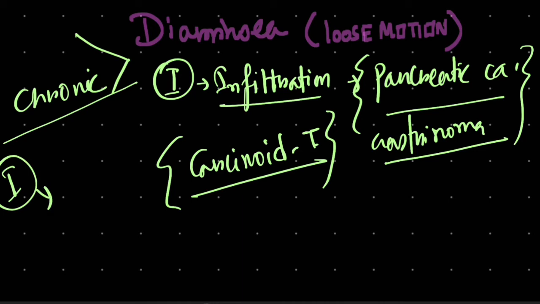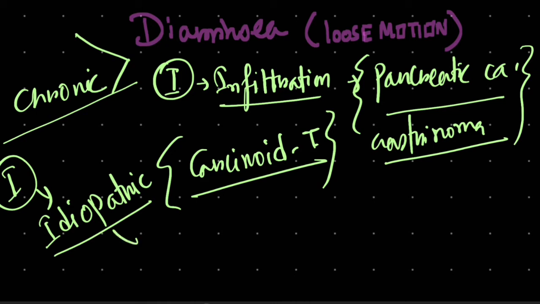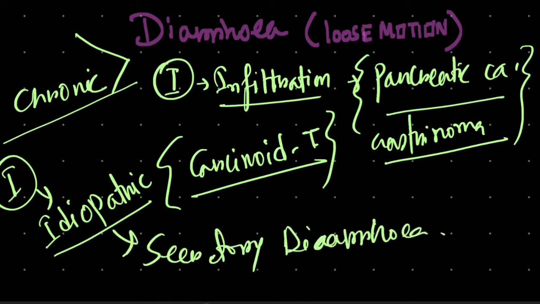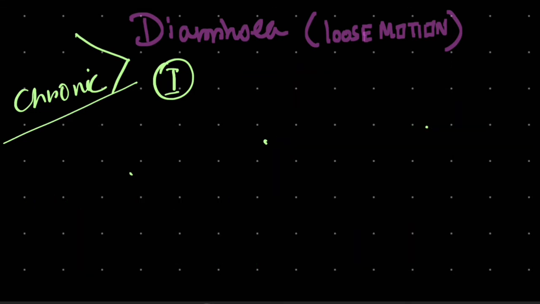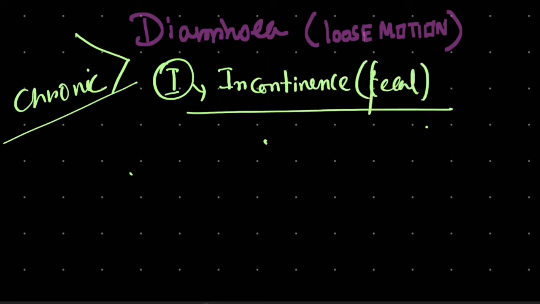Then comes the next cause, idiopathic, that is, no cause is identified: idiopathic secretory diarrhea. The last cause from I is incontinence. Rather, we can call it fecal incontinence.